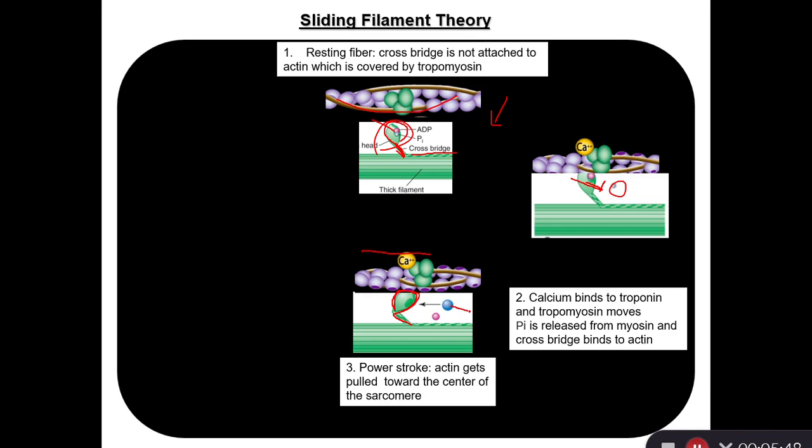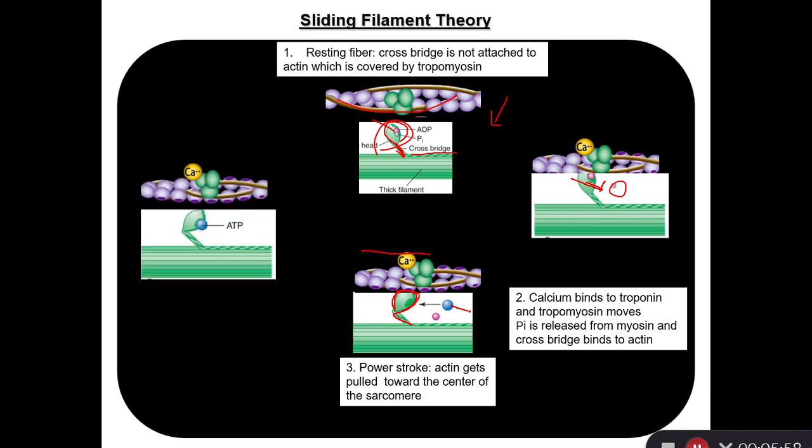So during the power stroke, actin gets pulled to the center of the sarcomere, leading to muscle contraction. Now, when ATP goes to attach again to the myosin head, at this point of time, the myosin head leaves actin.